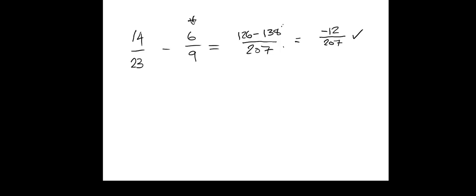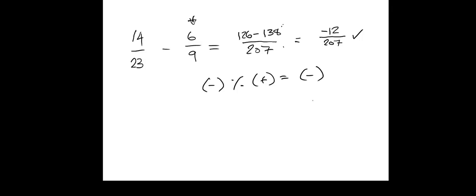It's just a negative number. When we have a small number and we take a bigger number away, we're going to have a negative number. So if you just remember, if we have a negative number divided by a positive number, we get a negative number. So that's fine. Is that our final answer?